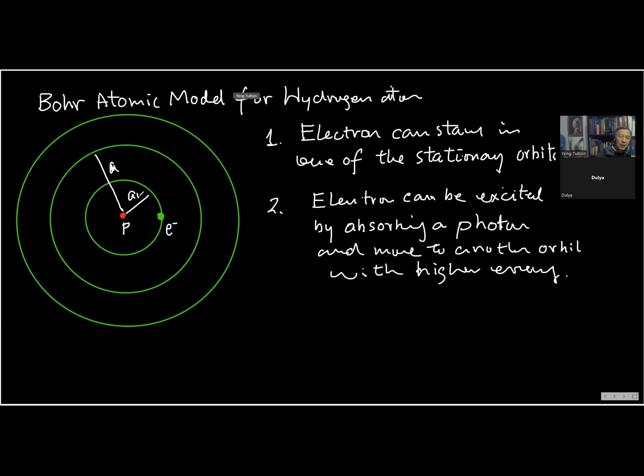This is R1. So this is R2. Can you see? This is R3. So this Bohr model can be written as Rn equals A1 multiplied by n squared, where n equals 1, 2, 3, integers, all right?